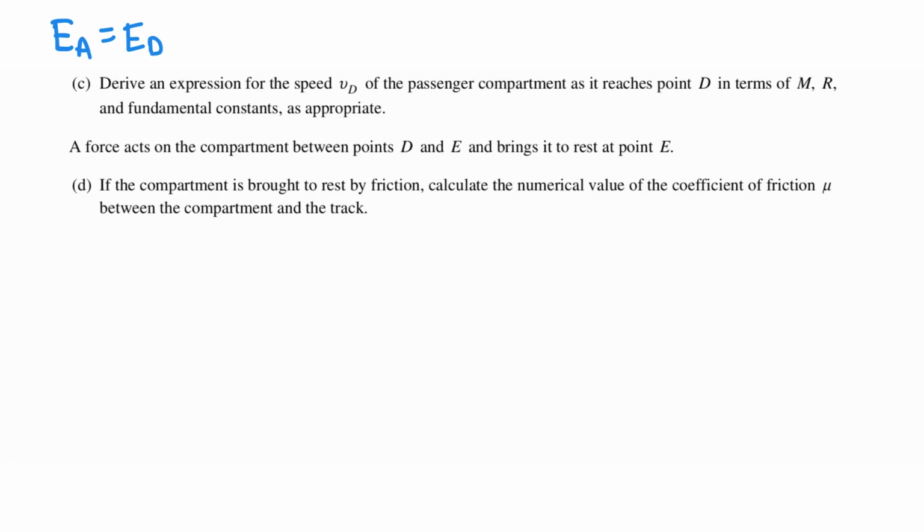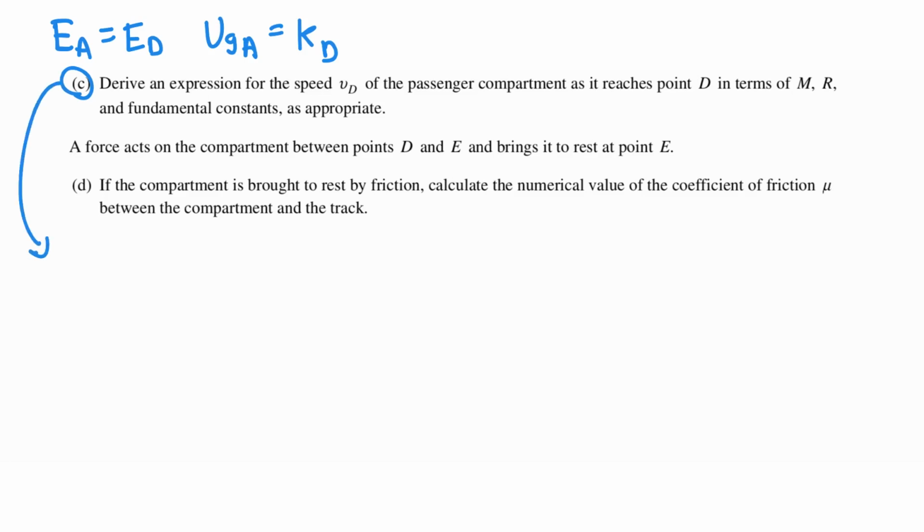There's no friction on the track between points A and D, and so the only forms of energy we need to consider are the gravitational potential energy at A, and at point D, the kinetic energy. I'm going to continue working on part C down below.